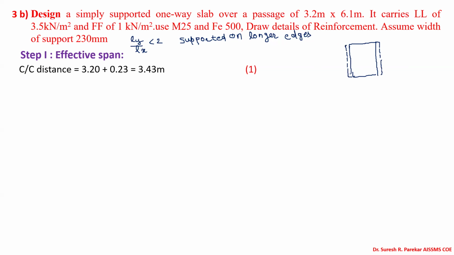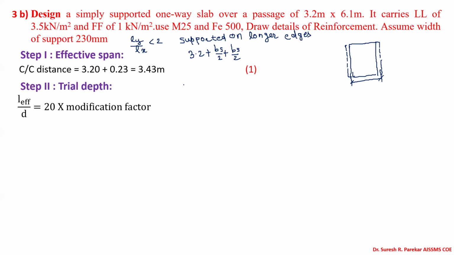We require center to center distance, so we have to add BS by 2 from both sides. So 3.2 plus width of support by 2 on left and width of support by 2 on right. So these values halved, 3.43.